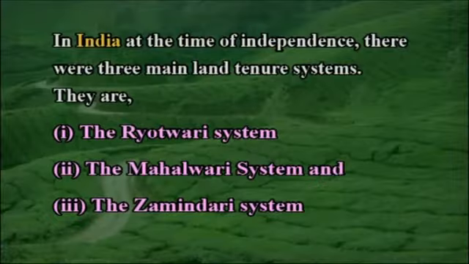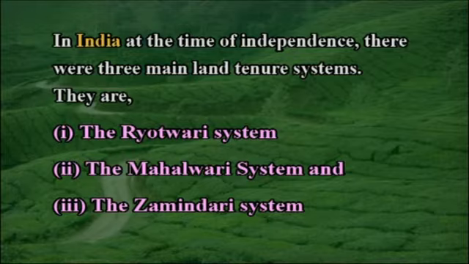But under this system, no efforts were made towards any economic development and the upliftment of the farmers. In India, at the time of independence, there were three main land tenure systems: the Ryotwari system, the Mahalwari system and the Zamindari system.